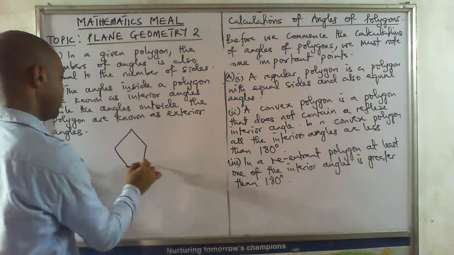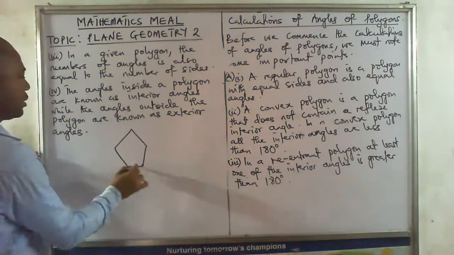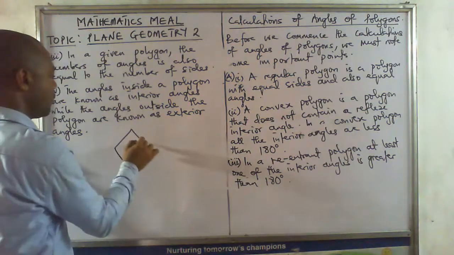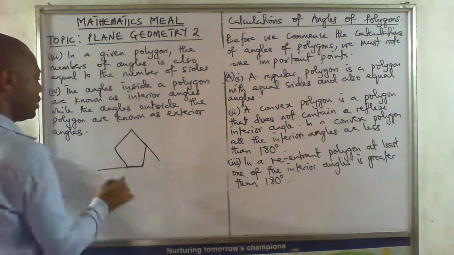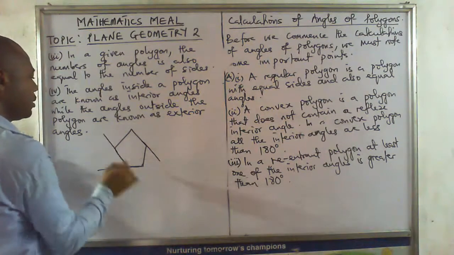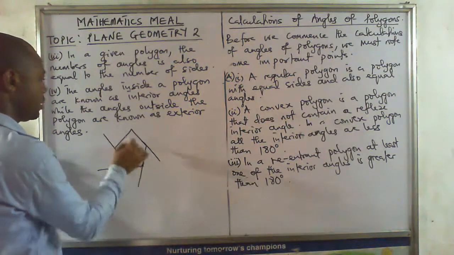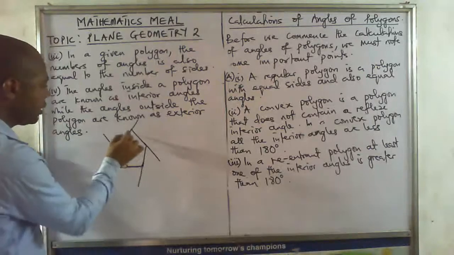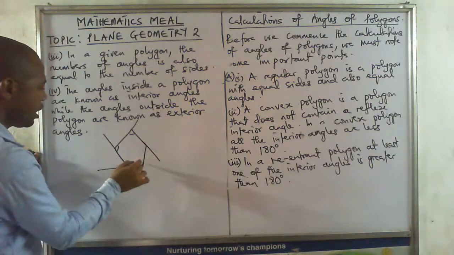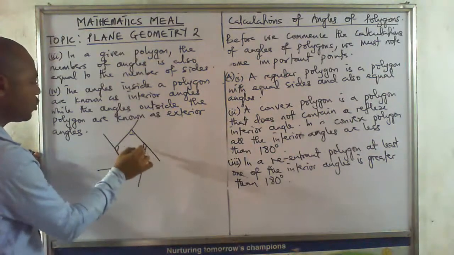Something like this. So let's say we have this. Now these angles here are interior angles, 1, 2, 3, 4, 5.